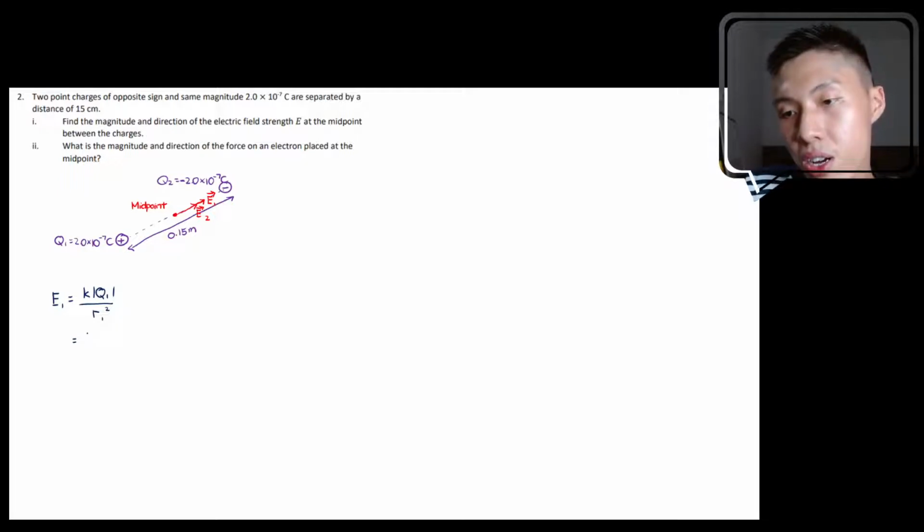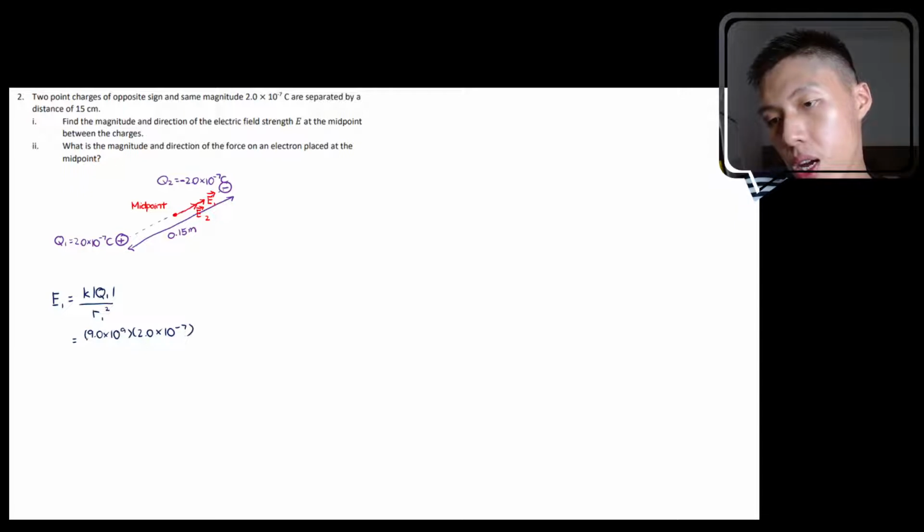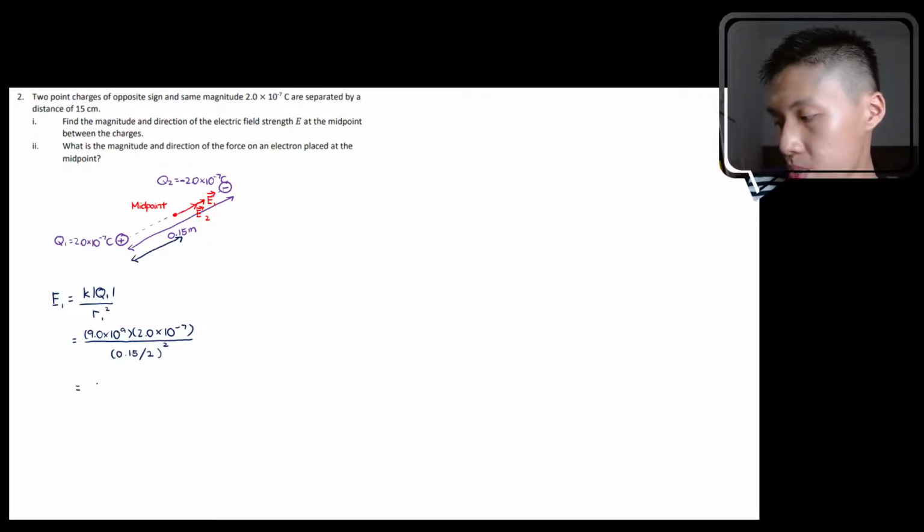So Q1 is 2.0 times 10 to the power negative 7, and r squared is (0.15 divided by 2) squared. It's divided by 2 because you're asking for the distance from here to here only. If you perform the calculation, I believe you are able to get 3.2 times 10 to the power of 5 newton per coulomb.